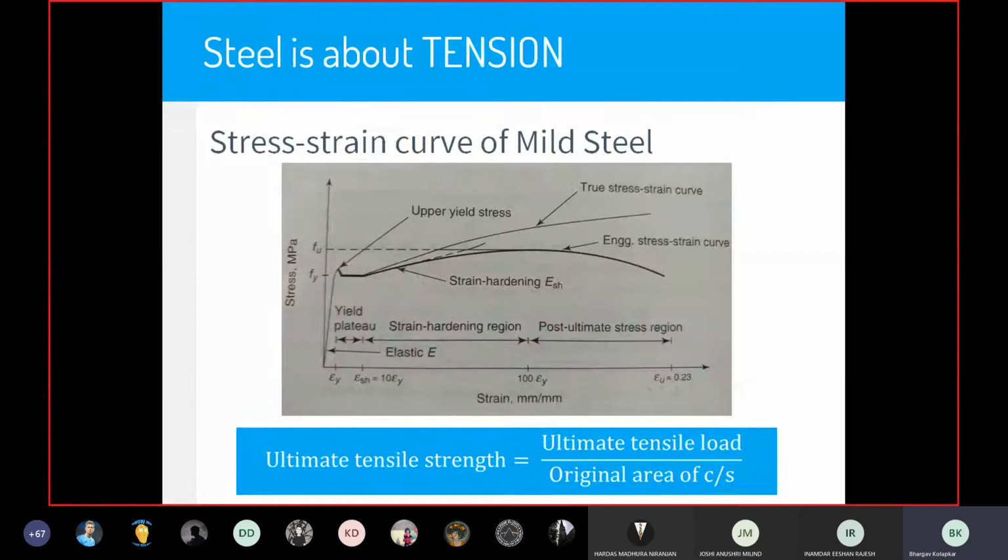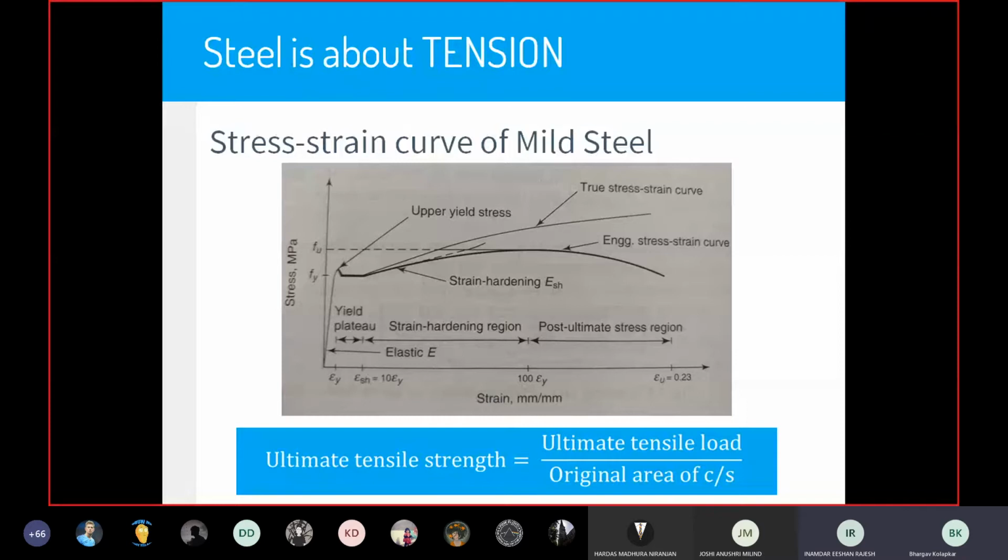The engineering stress is equal to force upon initial cross-section area. In the true stress strain curve, true stress, which is the instantaneous stress, is equal to force upon actual area. There's a difference between initial area and actual area, right? Because as you elongate, the length is increasing, but the cross section is decreasing. Do you understand? Yes.